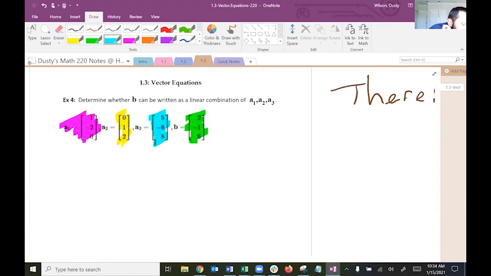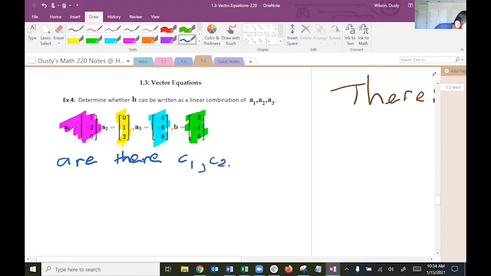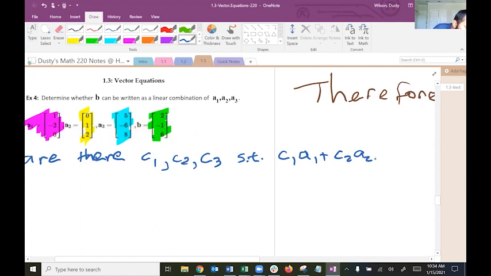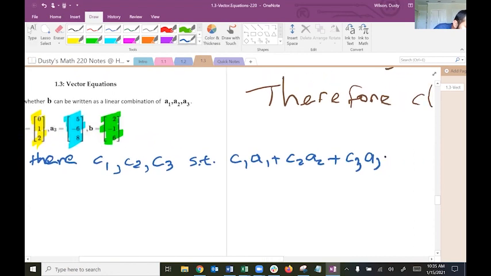If we're trying to decide whether B can be written as a linear combination of A1, A2, and A3, what we're asking is, are there constants C1, C2, C3 such that C1A1 plus C2A2 plus C3A3 equals B?